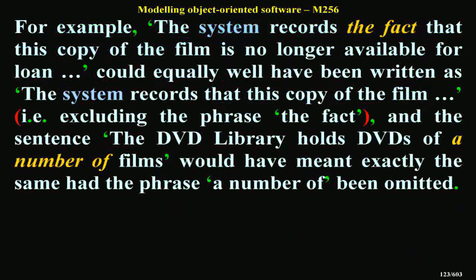For example, the system records the fact that this copy of the film is no longer available for loan could equally well have been written as the system records that this copy of the film, excluding the phrase the fact, and the sentence the DVD library holds DVDs of a number of films would have meant exactly the same had the phrase a number of been omitted.